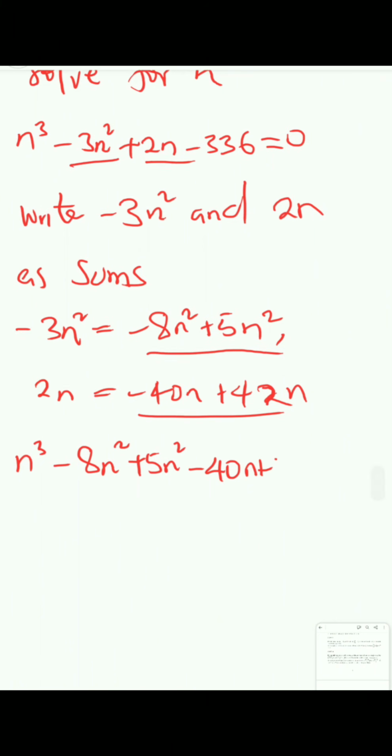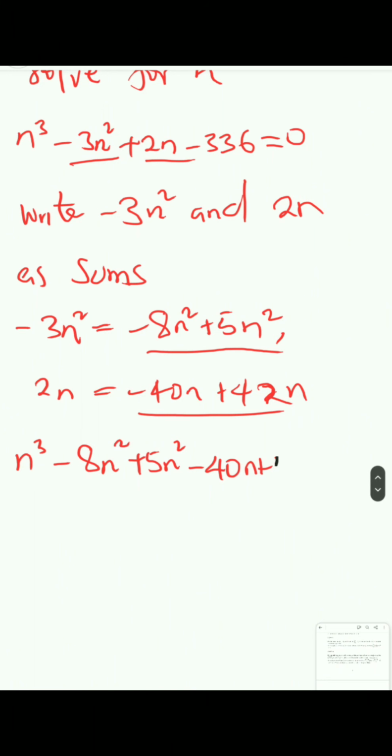Sorry, that should be 42n there. So we write plus 42n, then minus 336. This is equal to 0.